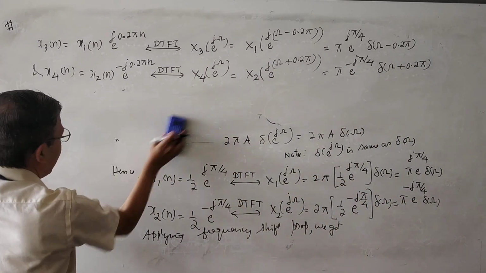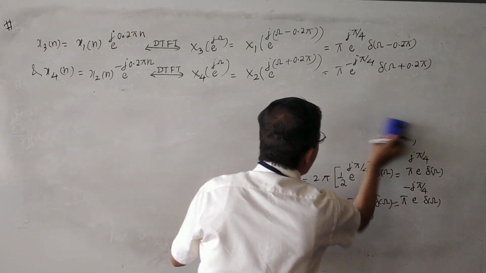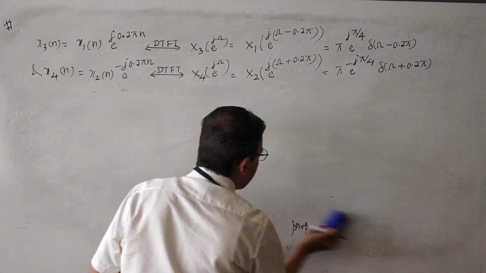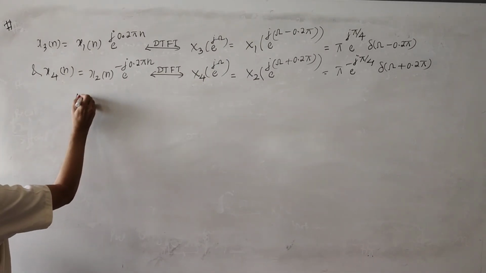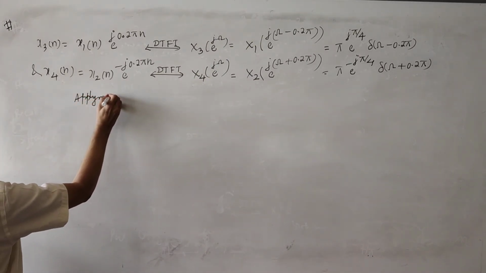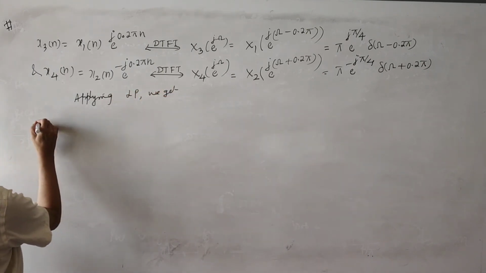Next we have to apply the linearity property. Applying linearity property we get, what is x of n?